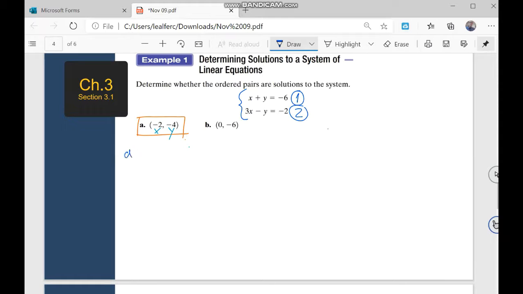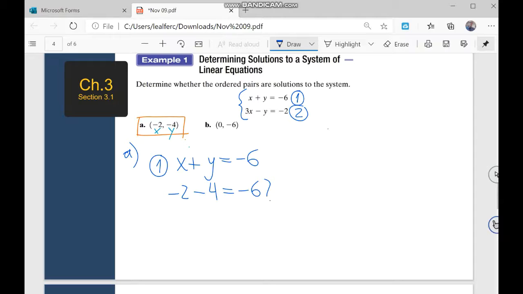So letter A, first thing to do, bring equation number 1 here. Equation number 1 is x plus y equals -6. Plug in x equals -2, y equals -4, and find out if this is a true statement.